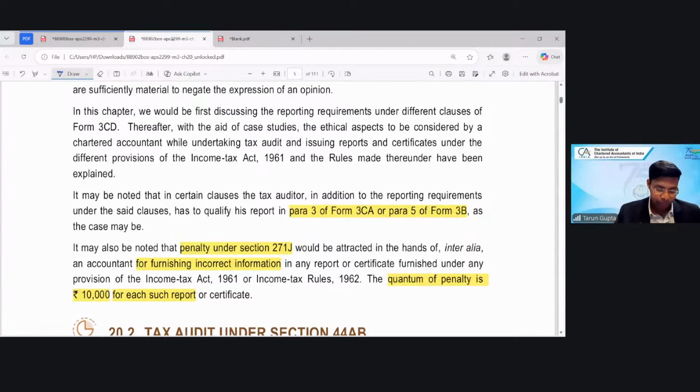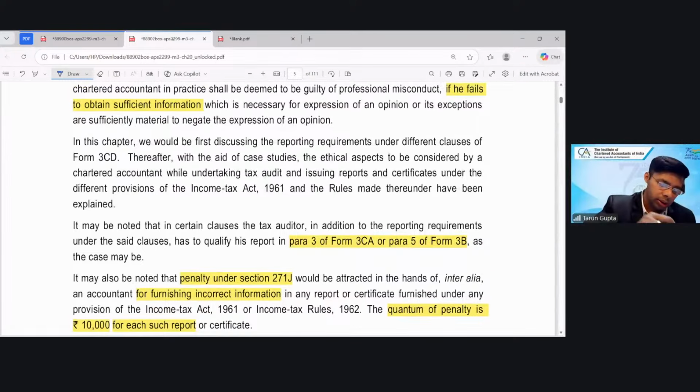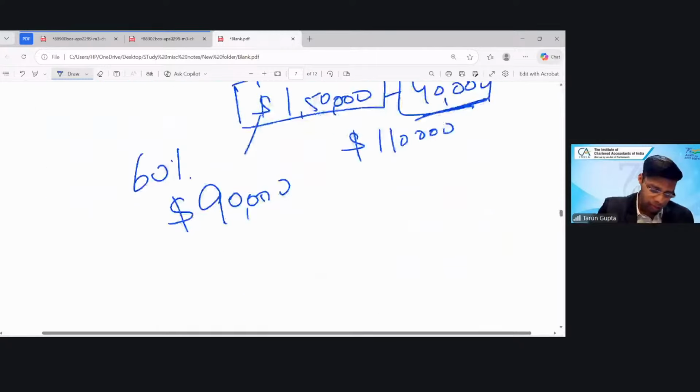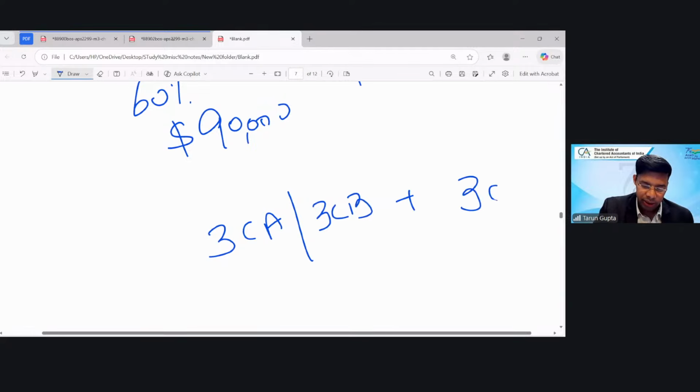So, tax audit. The tax audit report is given in two forms: Form 3CA oblique 3CB, plus 3CD.